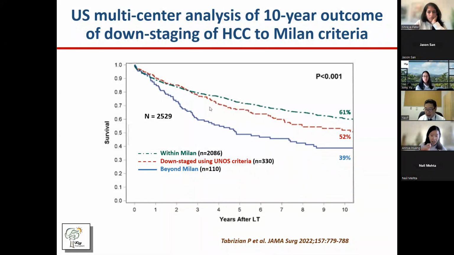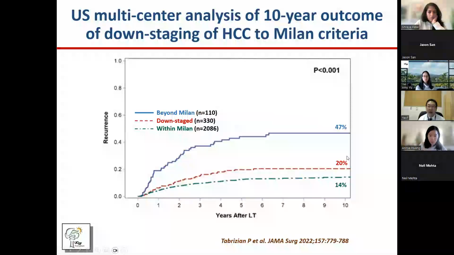You can see that those successfully downstaged within Milan, based on the UNOS or UCSF downstaging criteria, have similar, slightly lower 10-year survival compared to Milan, but not statistically significant, whereas those with tumors transplanted when they were beyond Milan criteria have significantly worse 10-year survival.